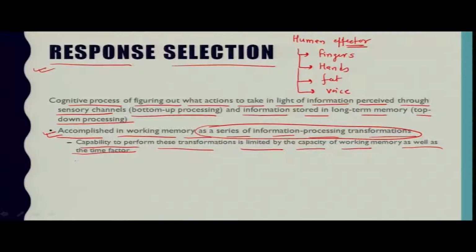Only a small number of chunks of information like facts, figures, images and ideas can be managed by working memory at one time, and the chunks decay with time unless focus is maintained by attention resources. So this was about response selection.